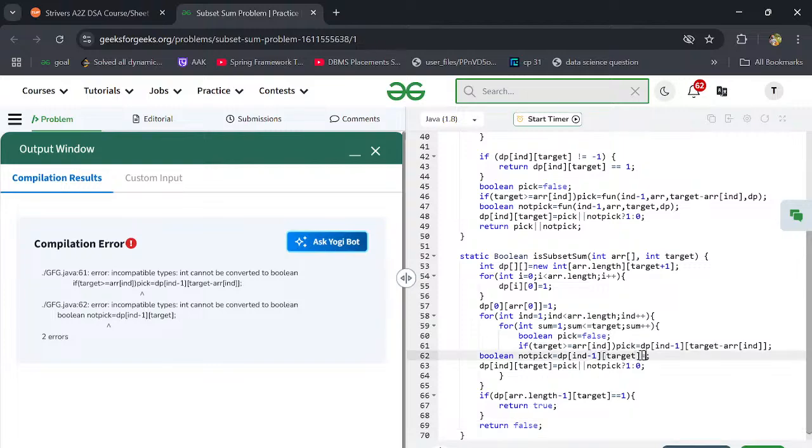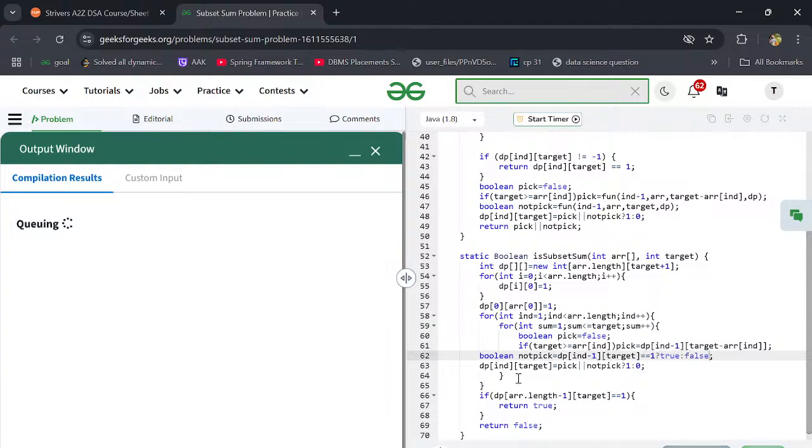If this is equal to 1, push true, else false.